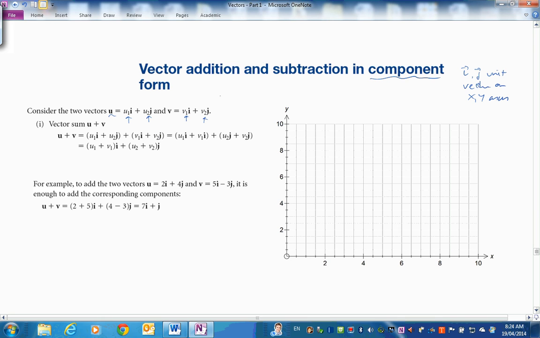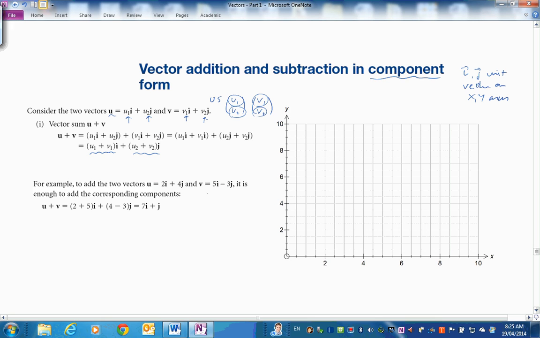This is in comparison to u1, u2 and v1, v2. Different sort of notation. What will you do? When we're adding them up, we used to add the x components together and the y components together, so we'll do that now. The total number of i units moved in the x direction will be u1 plus v1, and u2 plus v2, in just that same way.